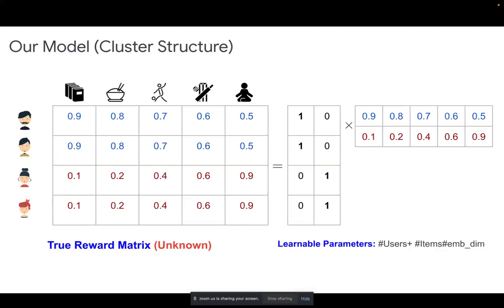So if you think about it, the total number of learnable parameters is now just the number of users, because you need one entry for each user embedding vector, plus the number of items times the embedding dimension. If the embedding dimension is small, this quantity, the set of learnable parameters, is much smaller than the total number of unknown parameters in the true reward matrix, which is the product of users and items.